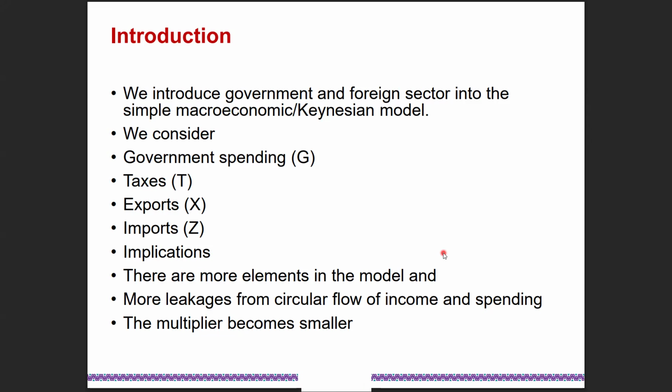We also made the assumption that in this economy we only have two sources of spending, the households and the firms. We also said we're going to assume that prices are given, that the money supply is given, that the interest rate is given, and that demand drives economic activity.